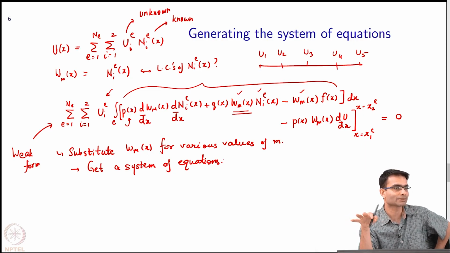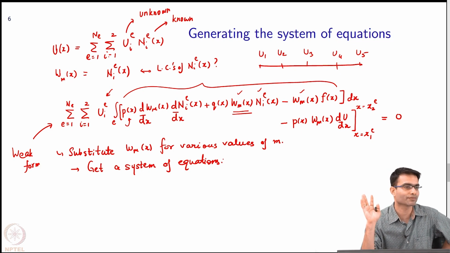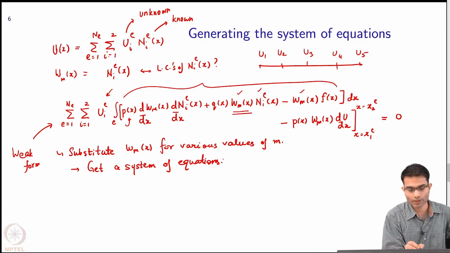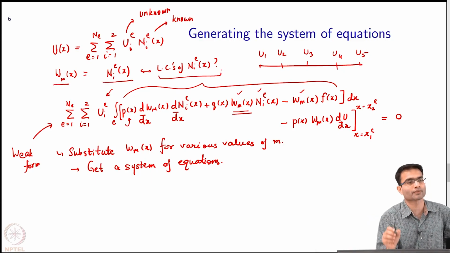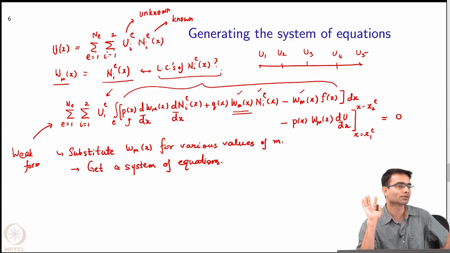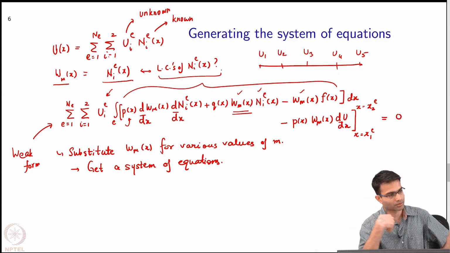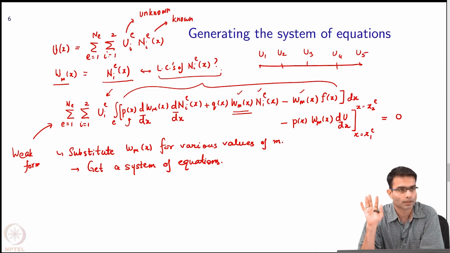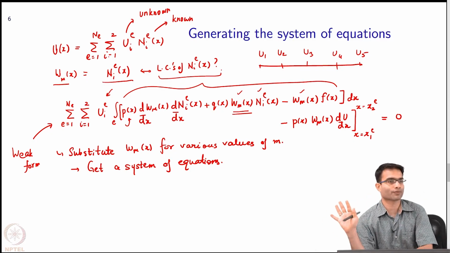M will be something else, such that I get enough equations in enough variables. That's my objective. Only then I can solve it, right? That's why I wrote that WM can either be NIE or some linear combination of NIEs. My basic objective is to get enough equations in enough variables. So how to choose these WMs, we will look at in detail in the following slides. Okay, but the basic idea here is enough equations in enough variables, that is the objective. Okay, so just put that aside for now.